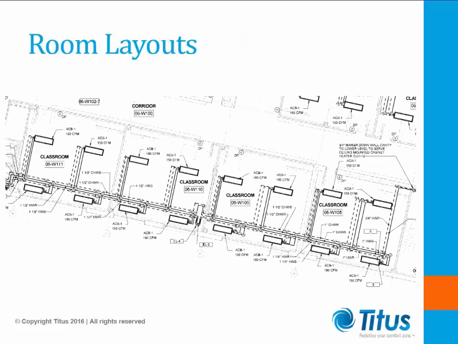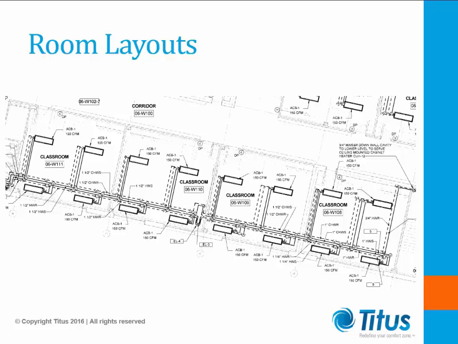So if we go and take a look at the room layout, what that allows us to do even further as a cost reduction is to look at potentially eliminating the dew point sensor per individual room. So you can see all 4 of these classrooms are on the same exposure. They're going to have the same solar load effectively at the same time. They're going to have kids coming in and out of the classrooms at the same time.